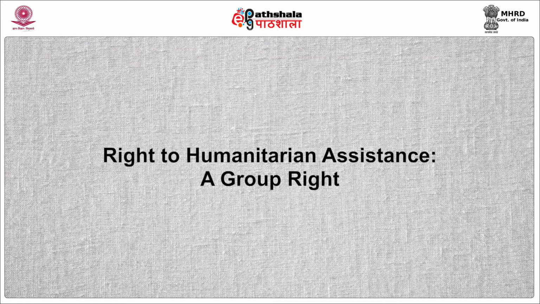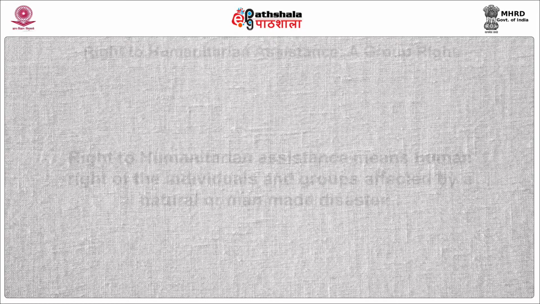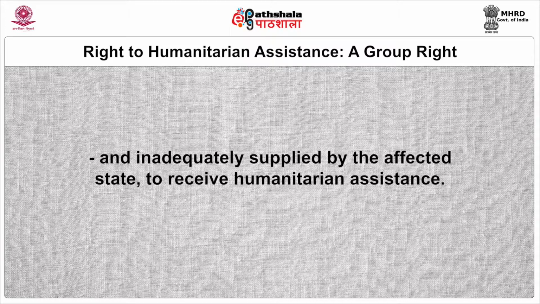Right to humanitarian assistance, a group right. Right to humanitarian assistance means the human right of the individuals and groups affected by a natural or man-made disaster and inadequately supplied by the affected state to receive humanitarian assistance.